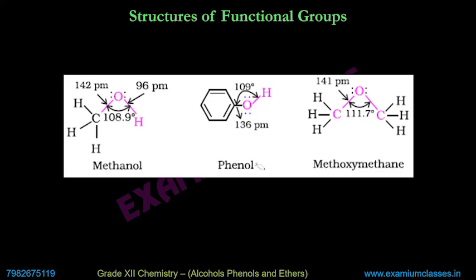Now the structure of functional groups means the angle, if it is methyl alcohol, if it is phenol, or if it is methoxymethane. These angles are sometimes asked, and if you are planning to appear in competitive examinations, they are important.